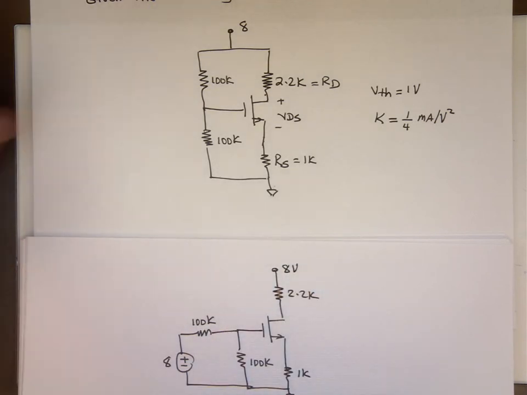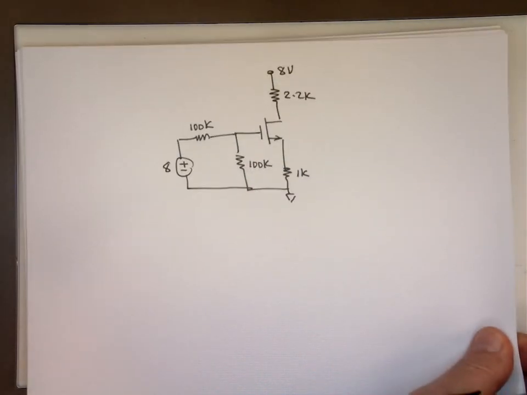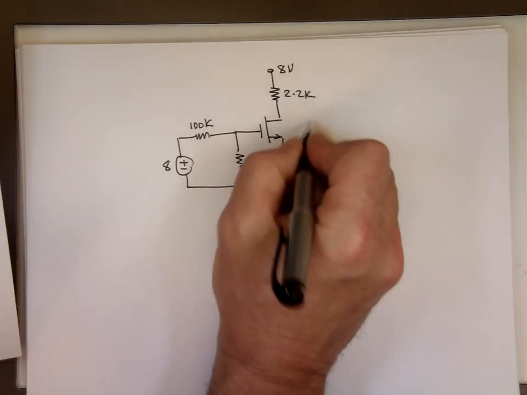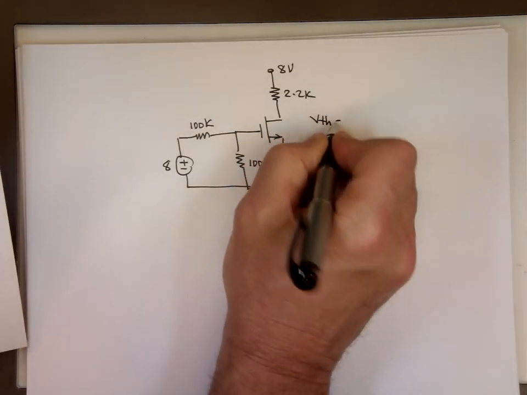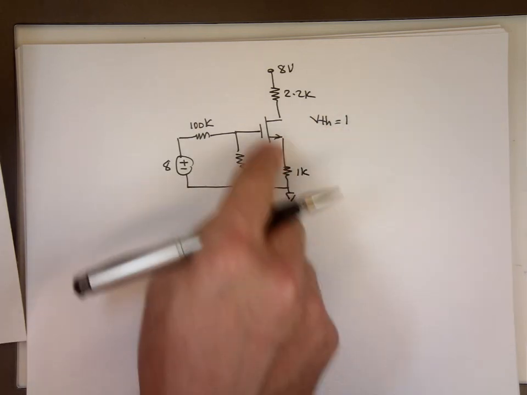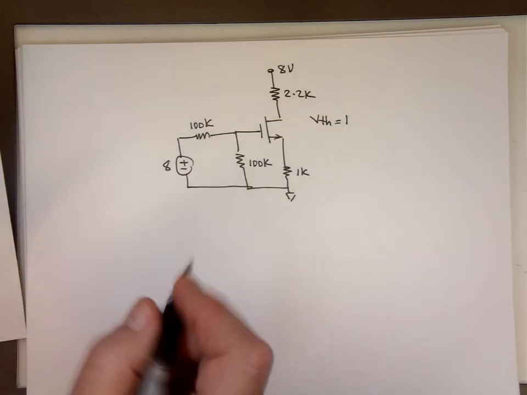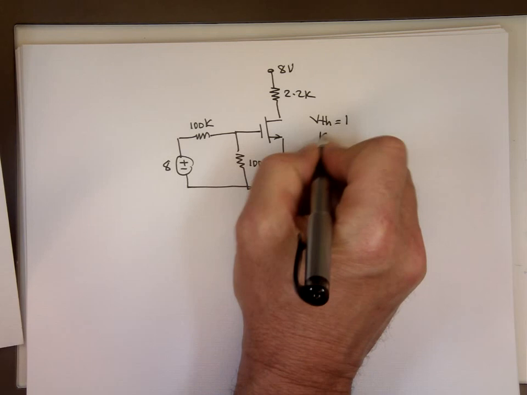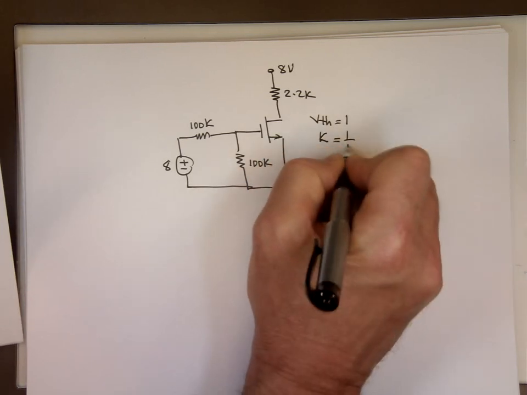So this becomes your circuit. Again, V threshold is 1 volt because it's positive, because it's an NMOS circuit. K equals 1/4 milli.